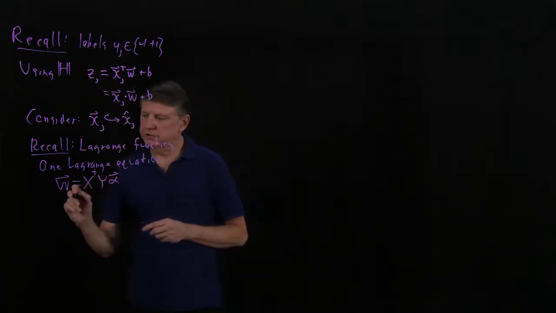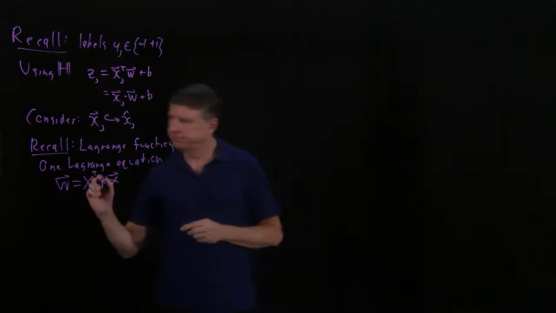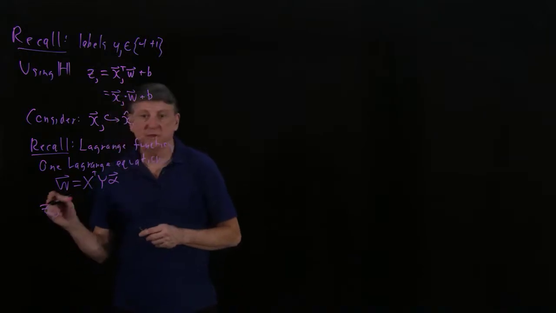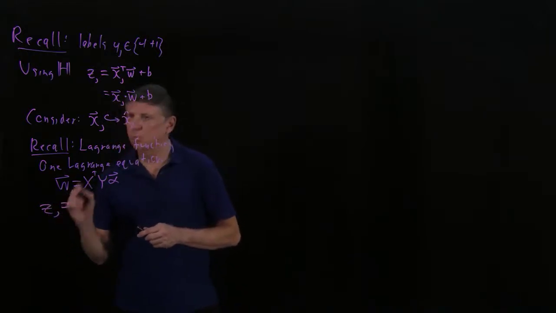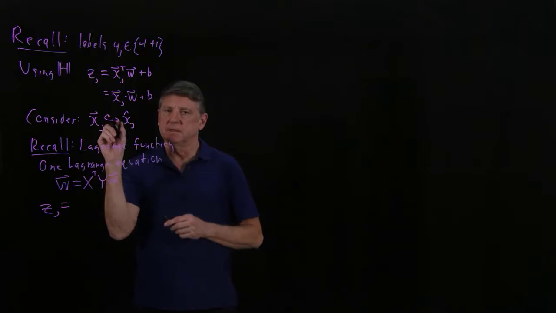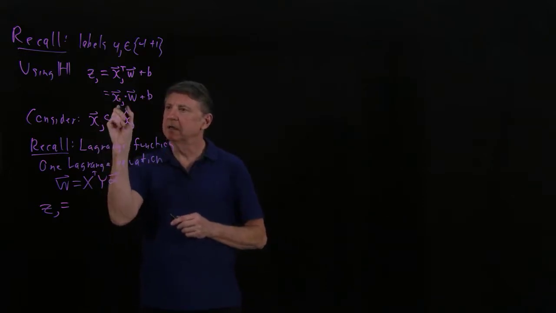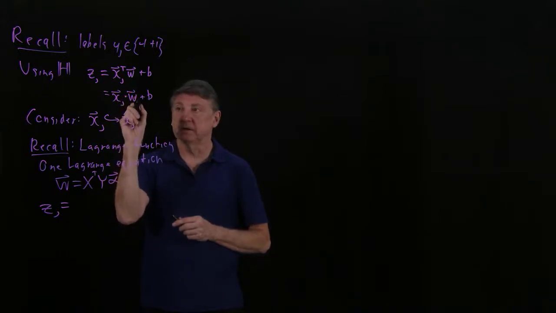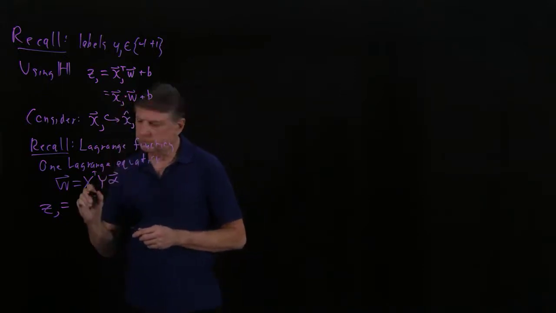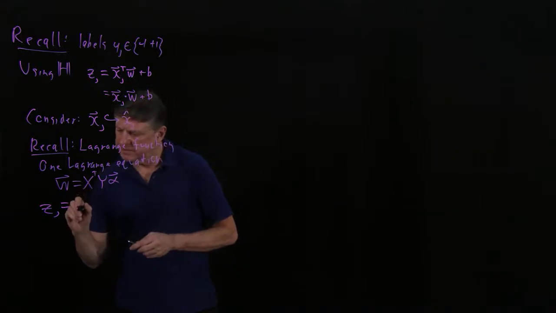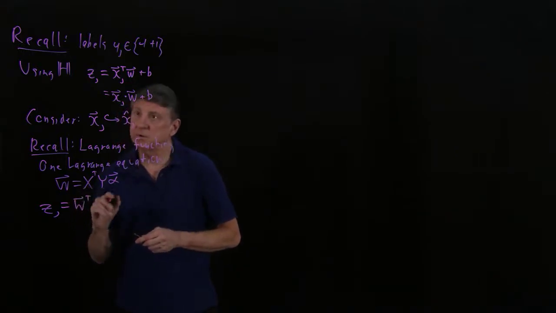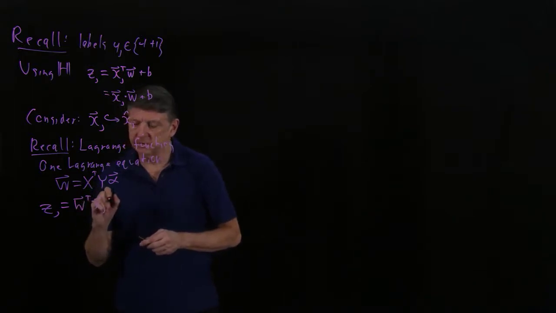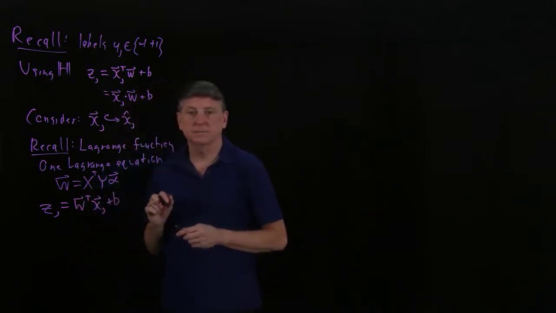So the score of the jth data vector would then become w transpose times the jth data vector plus the bias scalar.